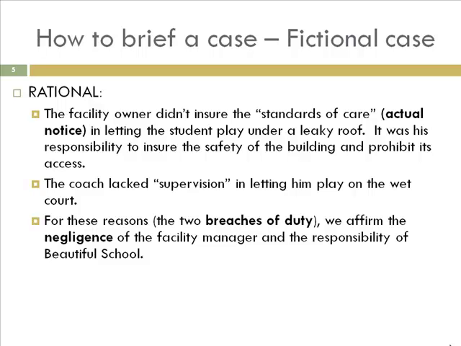We will see what an actual notice is during next week or a few weeks from now. The coach lacked supervision by letting him play on the wet court. For these reasons, 2 breaches of duty. We will explain that when we talk about negligence. We affirm the negligence of the facility manager and the responsibility of Beautiful School.